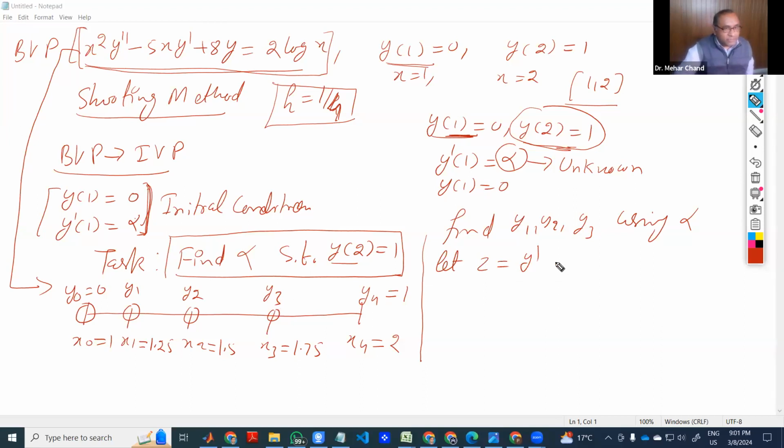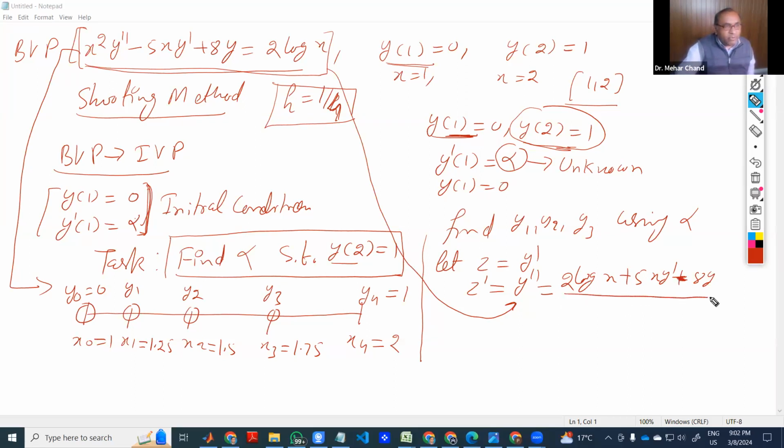Then z dash will be equal to y double dash, and we can get the value of y double dash from the given equation. y double dash will be equal to 2 log x plus 5x y dash minus 8y upon x square.